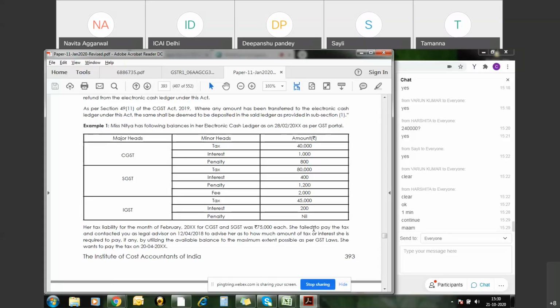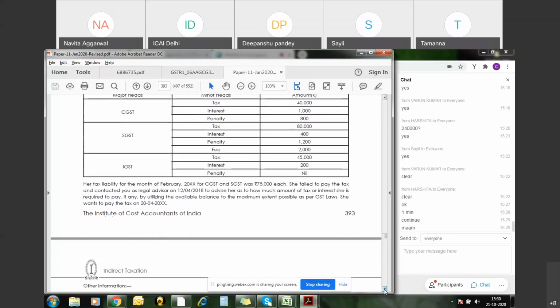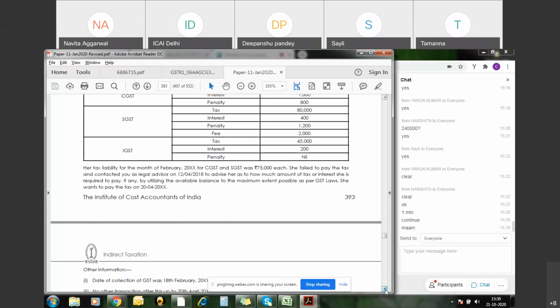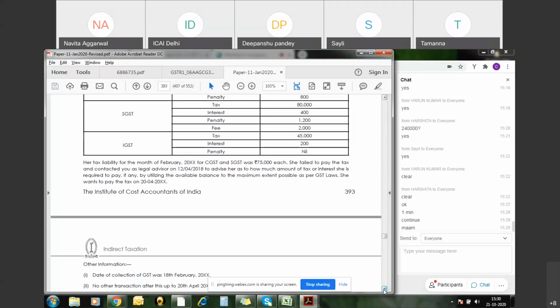She failed to pay the tax and contacted you as a legal advisor on 12th April 2020 to advise her as to how much amount of tax or interest she is required to pay, if any, by utilizing the available balance to the maximum extent possible as per GST law. She wants to pay the tax on 20th April 2020, because every registered dealer is required to deposit the tax liability by 20th of the subsequent month.